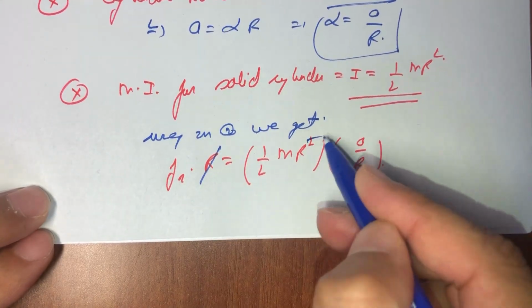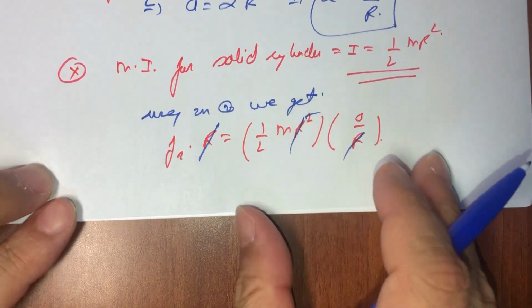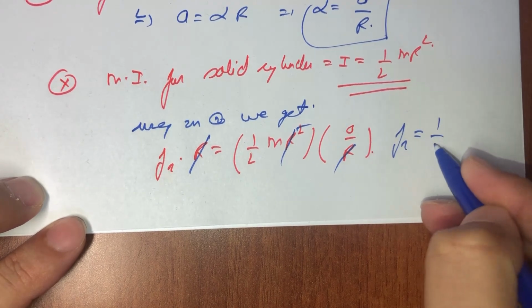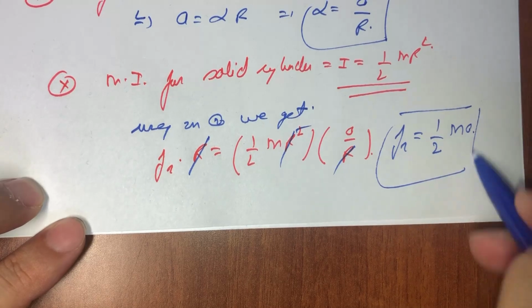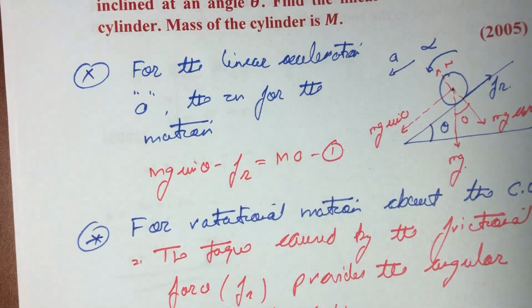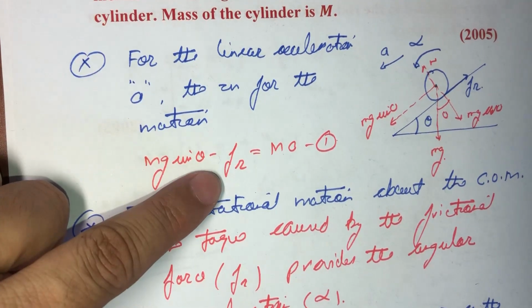So here r goes away and we get that Fr will be equal to 1 by 2 mass into acceleration. So this is the value of the force of friction. Now we are going to use this value of force of friction in equation number 1.